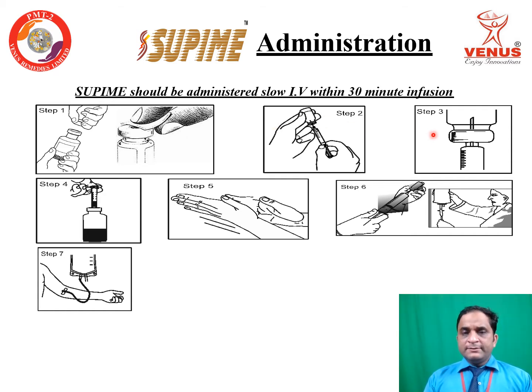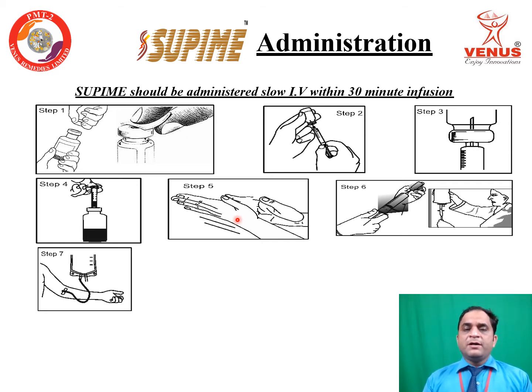Step 3, enter this syringe into the vial which contains powder. And fourth step, pour the solvent which is now in the syringe into the vial which contains powder. Then rub the vial to dissolve the drug properly.